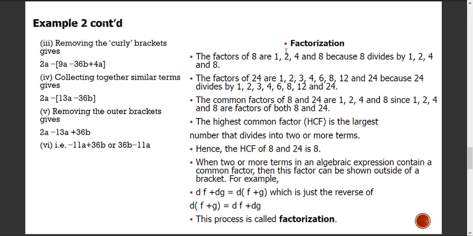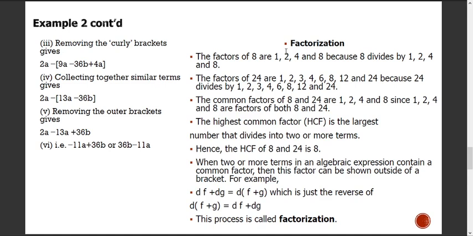So here are some examples. If we want to factorize 2x squared plus 14xy cubed, we look for common terms. Which terms are common in both terms of the expression? Can we express 2 in terms of 14, or 14 in terms of 2?